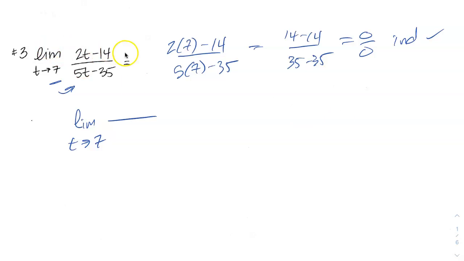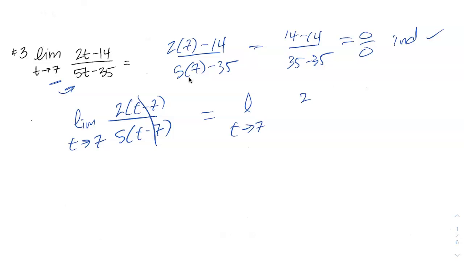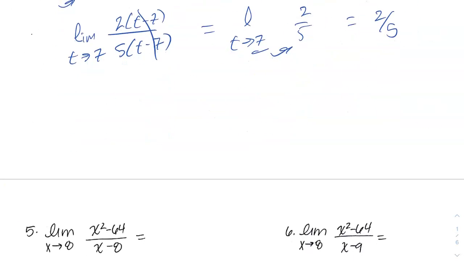On the top, they both have a 2, and on the bottom, they both have a 5. These cancel out, and we get the limit as x goes to 7 of 2 over 5. Well, that's a constant, so you just get the constant. And there we go.